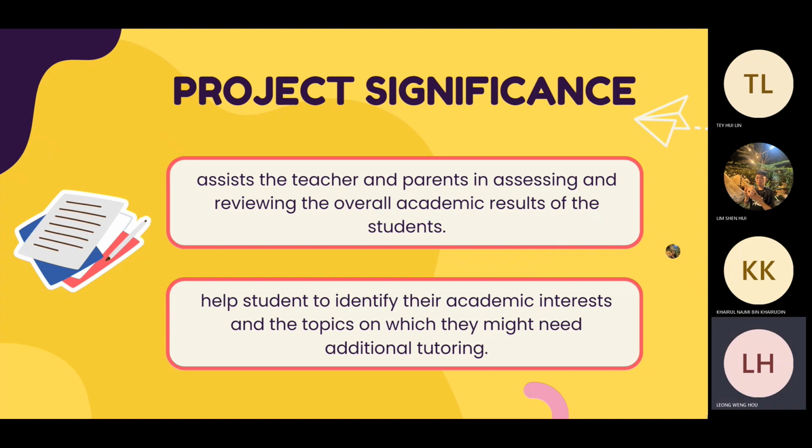In this project, we can assist the teachers and parents in assessing and reviewing the overall academic results of the student. It also helps students to identify their academic interests and the topics on which they might need additional tutoring.